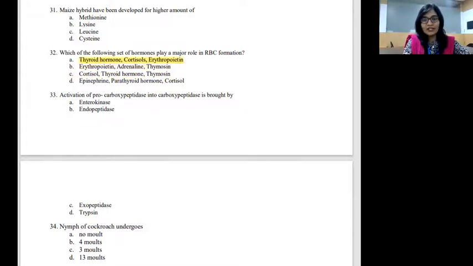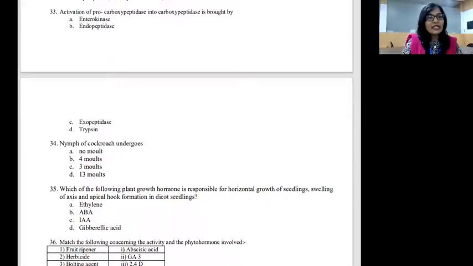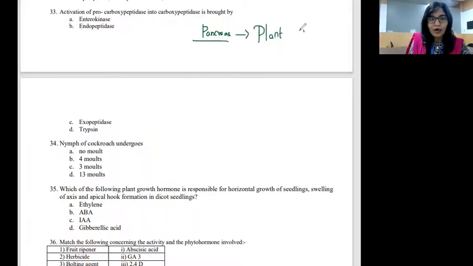Okay. Next question. Activation of pro-carboxypeptidase into carboxypeptidase. First, we have to understand what this pro-carboxypeptidase is and where it is coming from. You have to remember pancreas. In the pancreas, there are enzymes which you have to remember like PLANT C. Just a mnemonic for you.